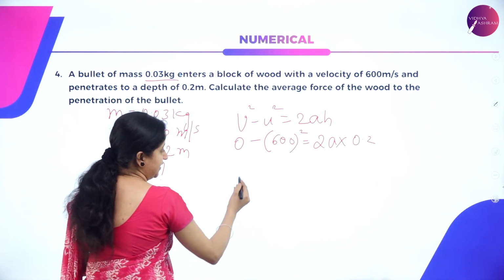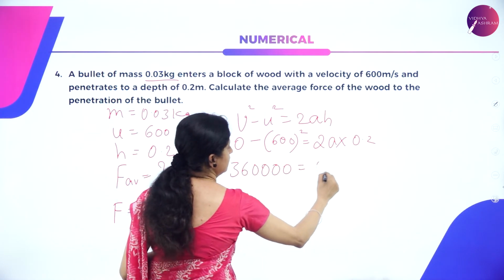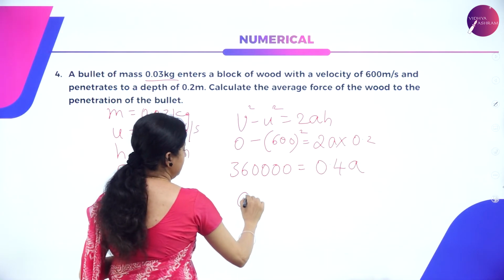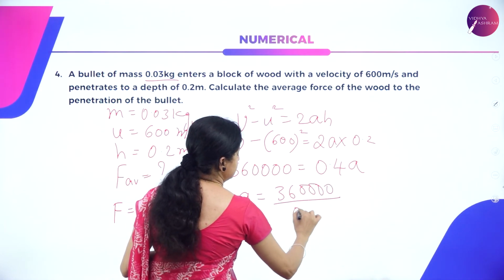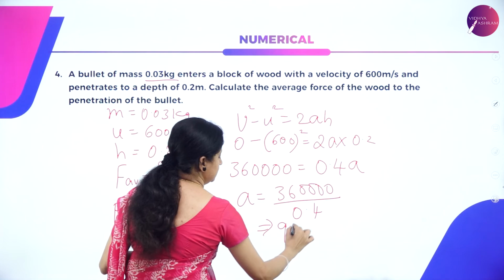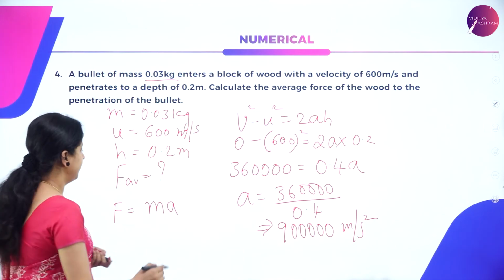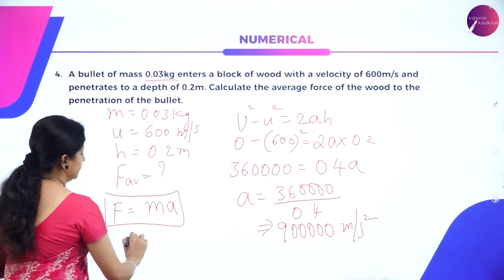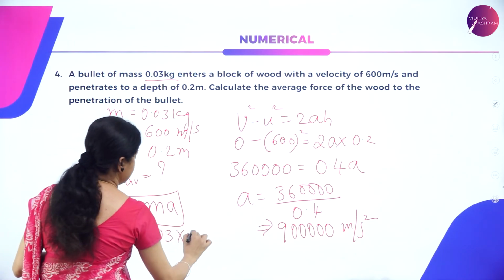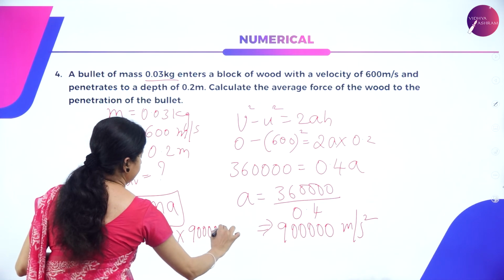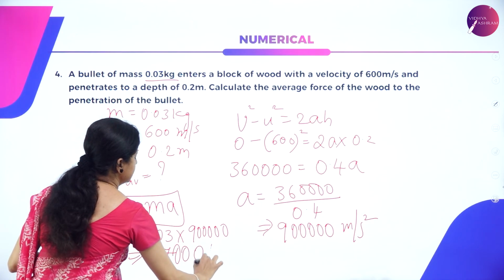So 600 square gives us 36 followed by 4 zeros, which is equal to 0.4a, and the value of a will be divided by 0.4 meter per second square. We have to calculate the average force, that is mass into acceleration. The mass is 0.03 and the acceleration is the value we get here. Multiplying these two, it is 27,000 Newton.